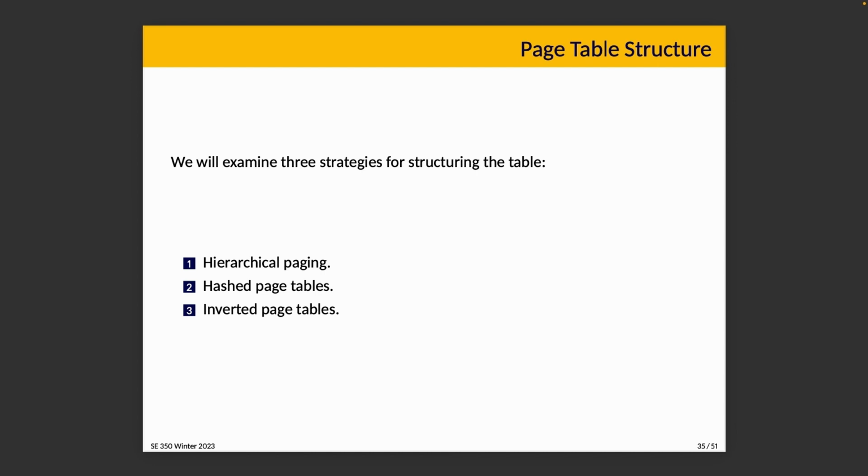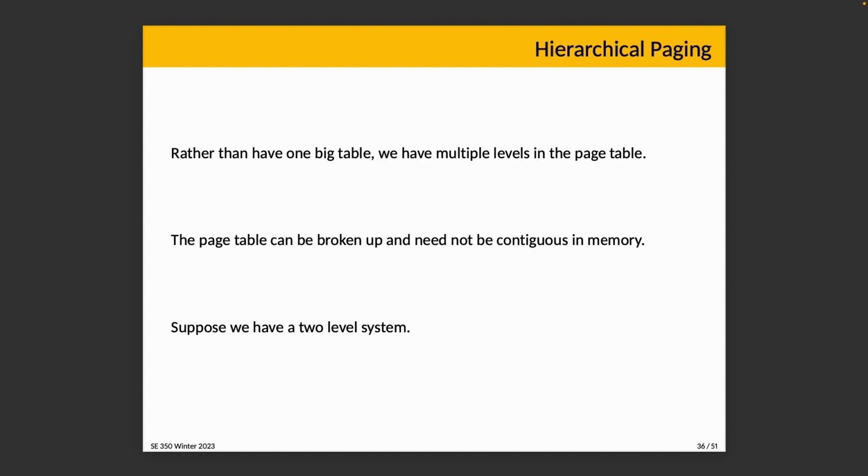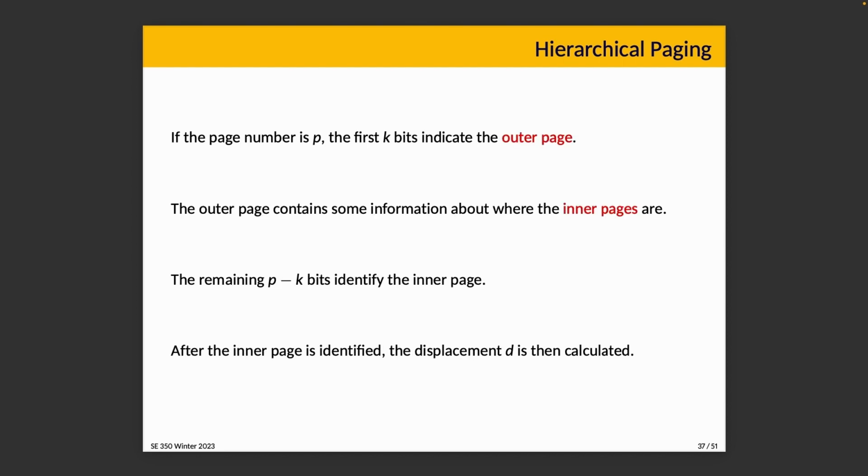Hierarchical paging. Rather than having one big table, we just have multiple levels in the page table, so that the page table doesn't have to be contiguous in memory. We can just break it up and have the different ones represented in different parts. If we have a 2-level system, and the page number is P, so the first, let's say 20 bits, the first K bits, let's say 8, represent the outer page.